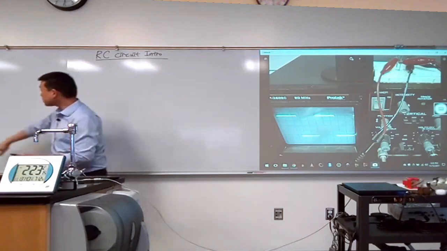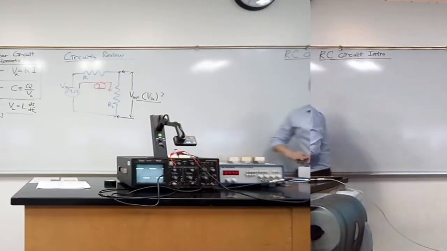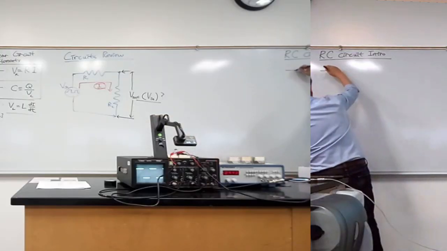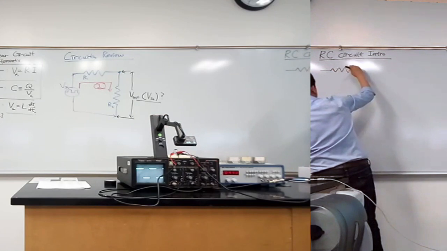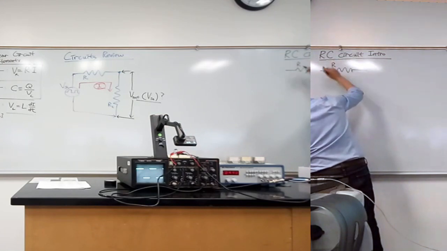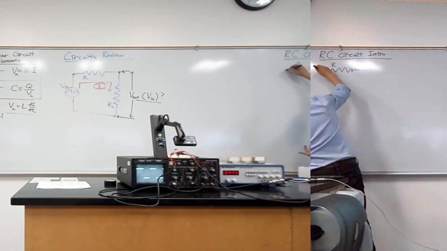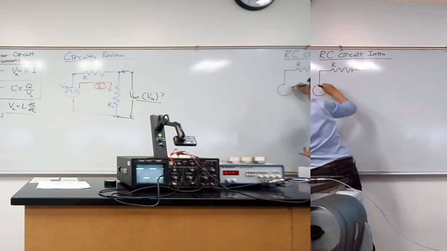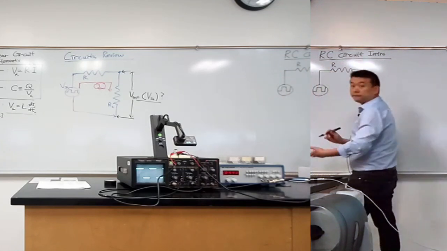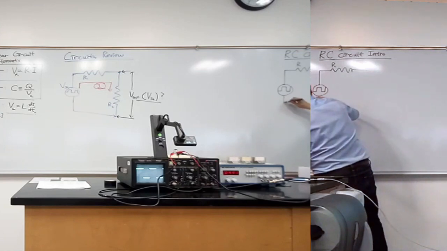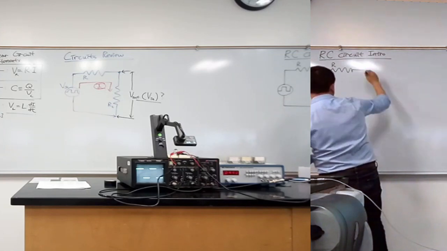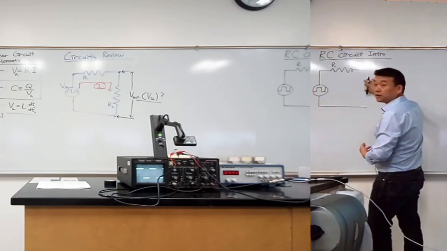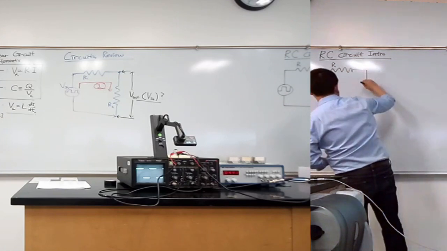It's going to be essentially a copy of this circuit with some important changes. So I'm still going to have resistor R here. And in fact, I'm even going to have the same power supply here. That's going to provide me with some square wave. Now, the important part that'll change is that this part, instead of being a resistor, it'll turn into a capacitor.